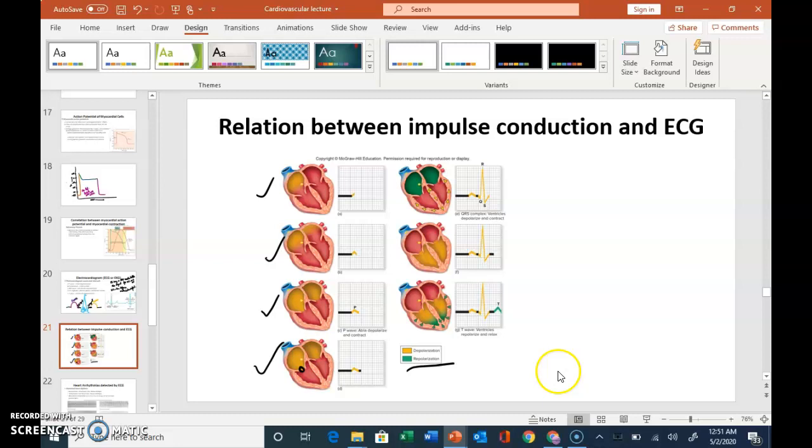So this is showing us the time where the atria is depolarized and the AV node is holding the signal. And that is shown by this PR segment right here.